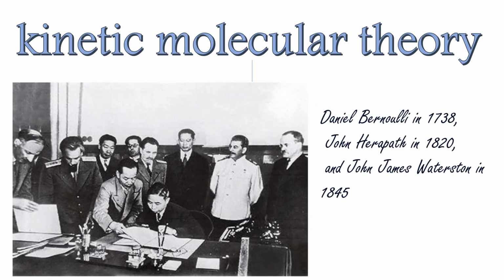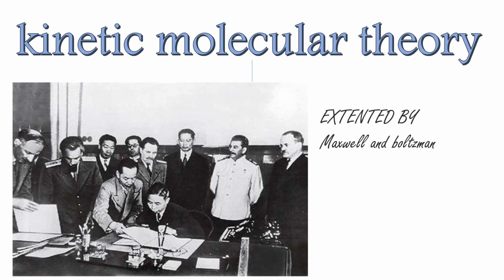If we talk about the combination, it was first given by Daniel Bernoulli in 1738, John Herapath in 1820, and John James Waterston in 1845. As I told you, it is a combination of different theories. That's why there are different scientists. This theory was later extended by Maxwell and Boltzmann.